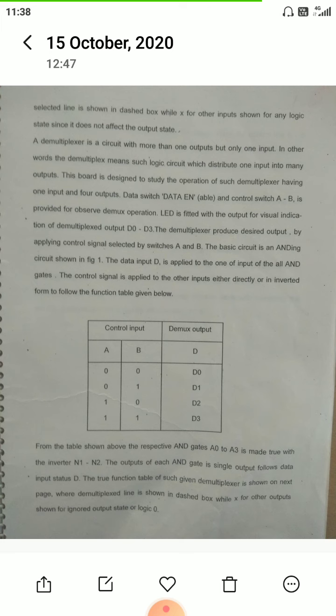The control switches A and B are used to observe the demux operation, and the demux outputs are D0, D1, D2, D3. These will depend upon the combination of the control inputs.